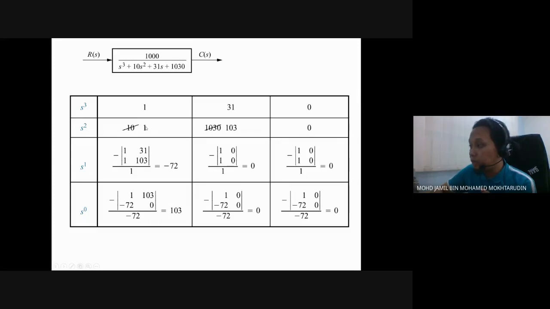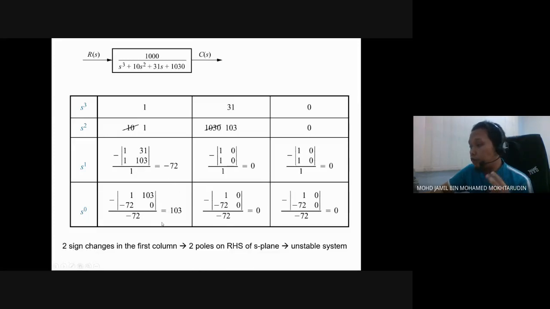So here, positive 1, and here is negative 72. So there is one sign change here, from positive to negative. And we look at S1 to S0. So here negative 72, and here is 103. So here negative, and this is positive. So another sign change here, okay?